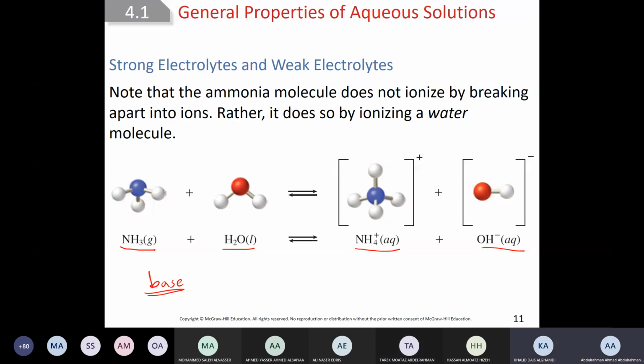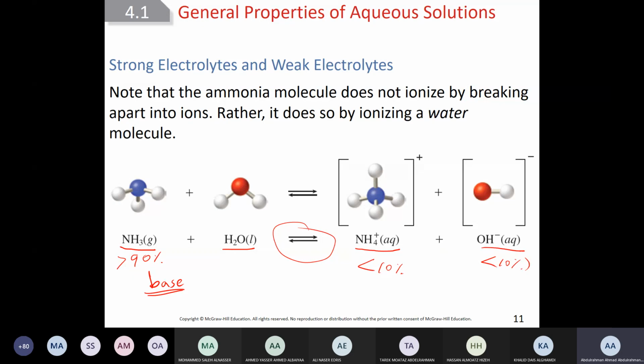Because of the two arrows. Look at the two arrows. All right. This means only less than 10% of this one will decompose. Most of it, more than 90%, will be left as NH3 in water.